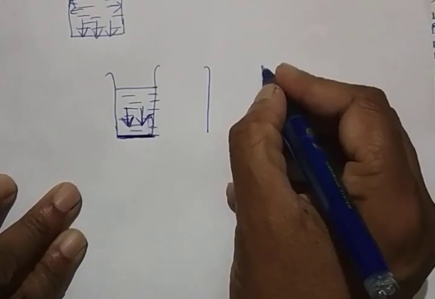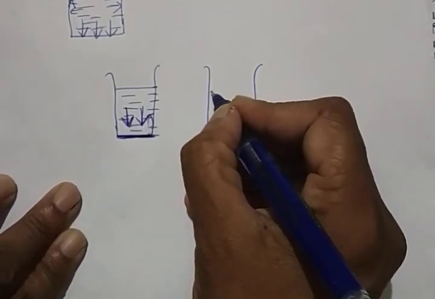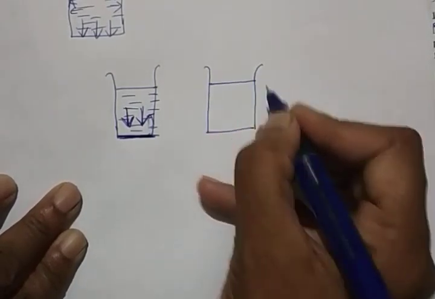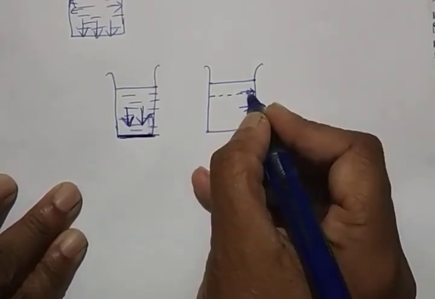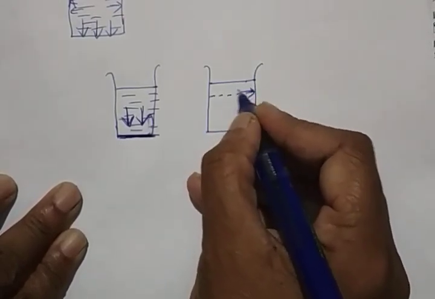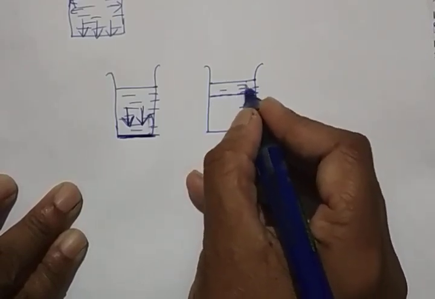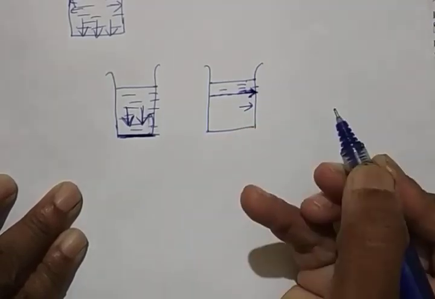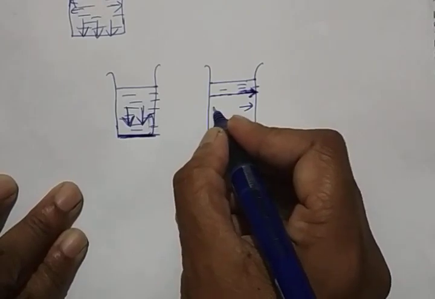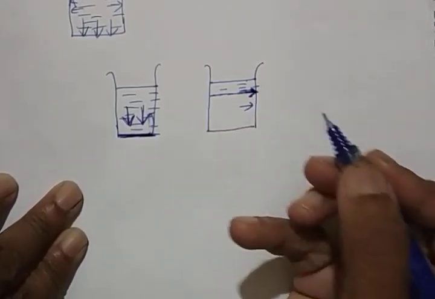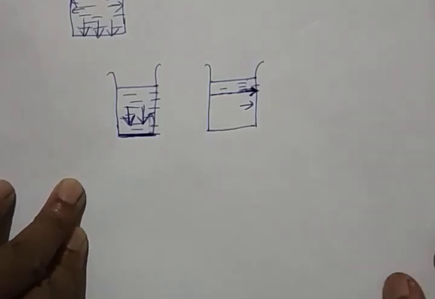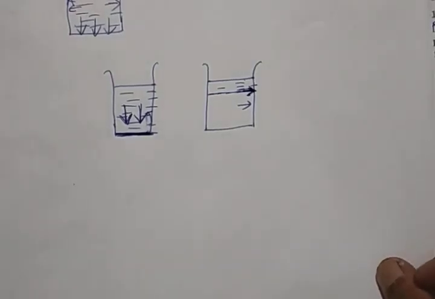When you talk about pressure exerted at the sides, if you take this height, the water that is above it will exert a pressure here. Same way, because these molecules are constantly moving, they'll be hitting and exerting a pressure on the sides also. So this is just a brief idea about liquid pressure.